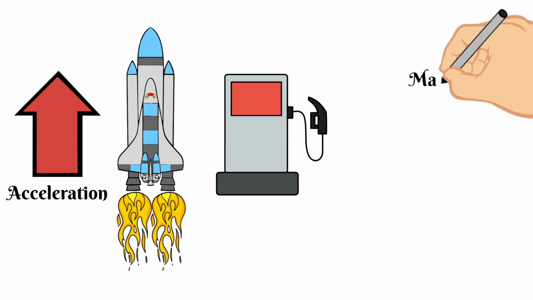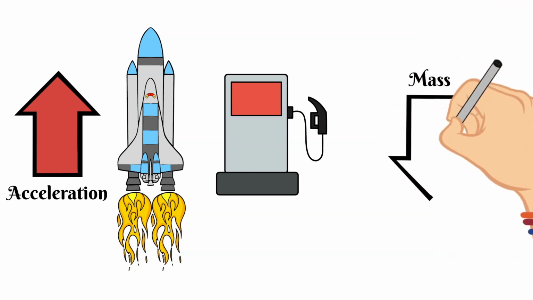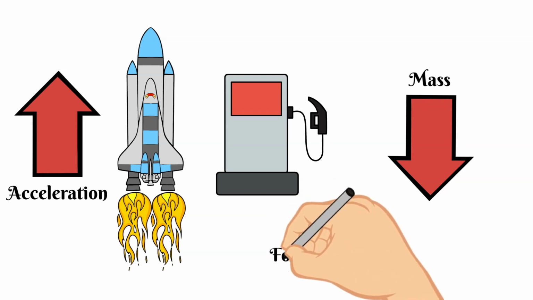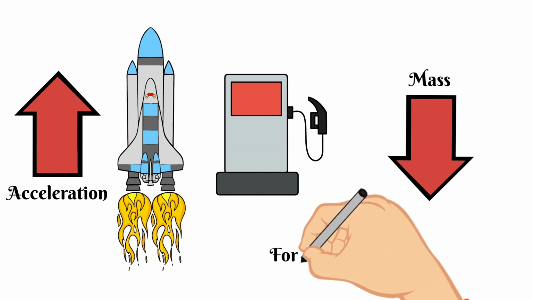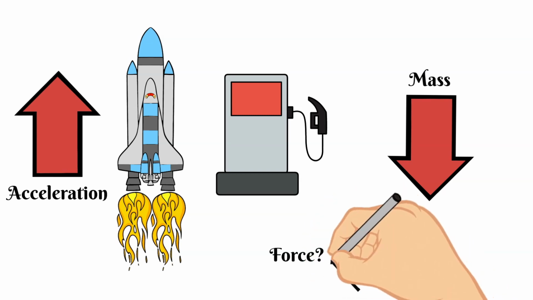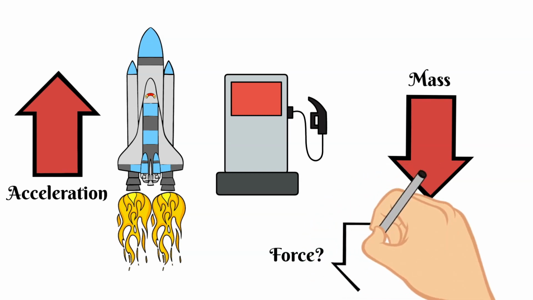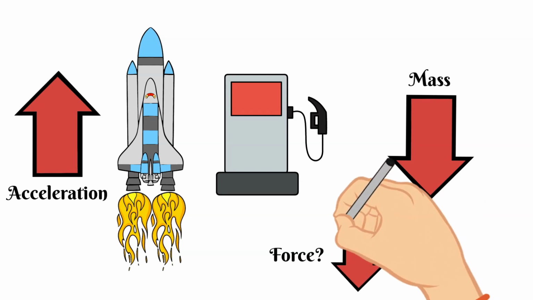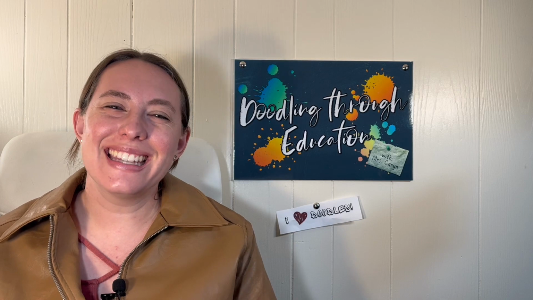What do you think will happen to the force required to keep its acceleration the same? Yes, that's right. The force required will increasingly get less as the fuel is used due to the decrease in mass.